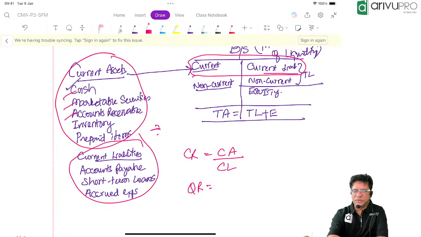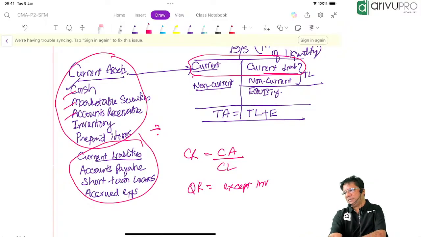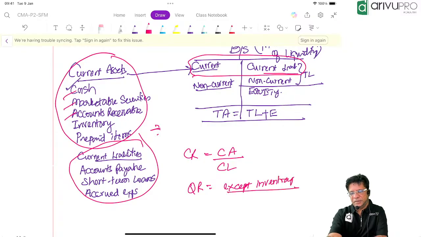The numerator is everything except inventory, and forget about the prepaid item, because a prepaid item is a book entry. So except inventory, divided by the current liabilities. You should not change the current liabilities; they will be the same.